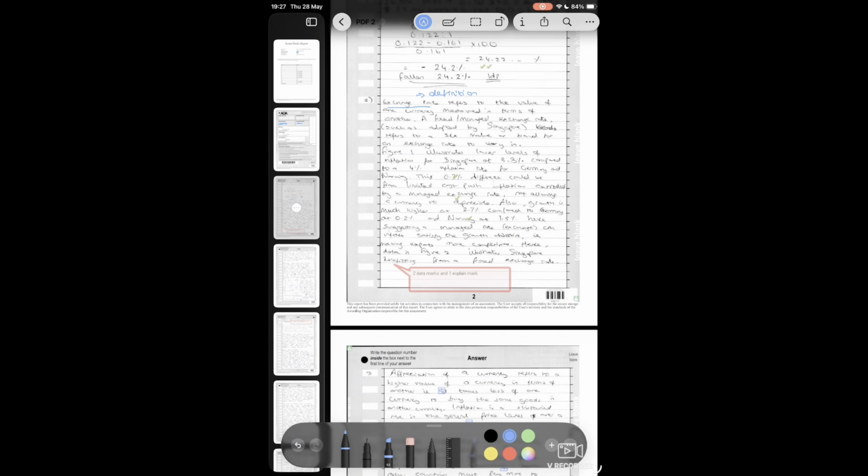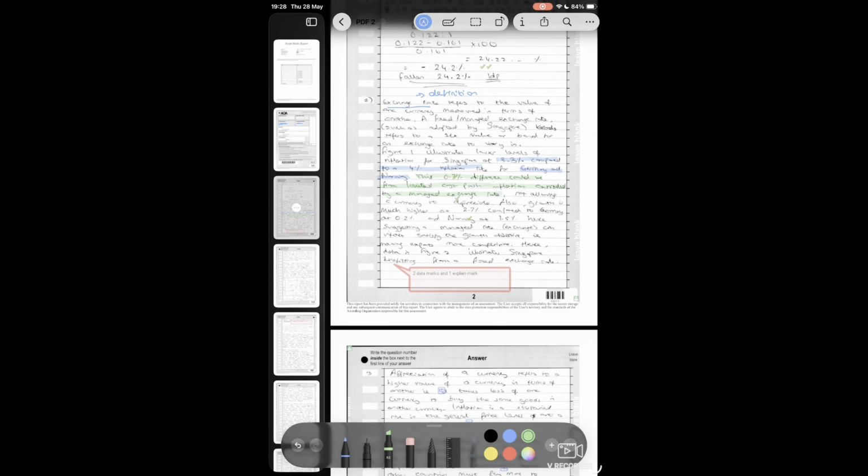Figure 1 illustrates lower levels of inflation for Singapore at 3.3% compared to a 4% inflation rate for Germany and Norway. Straight away, I've got my facts and figures in. And this part is key. This part is incredibly important. This 0.7% difference could be from limited cost push inflation controlled by a managed exchange rate.